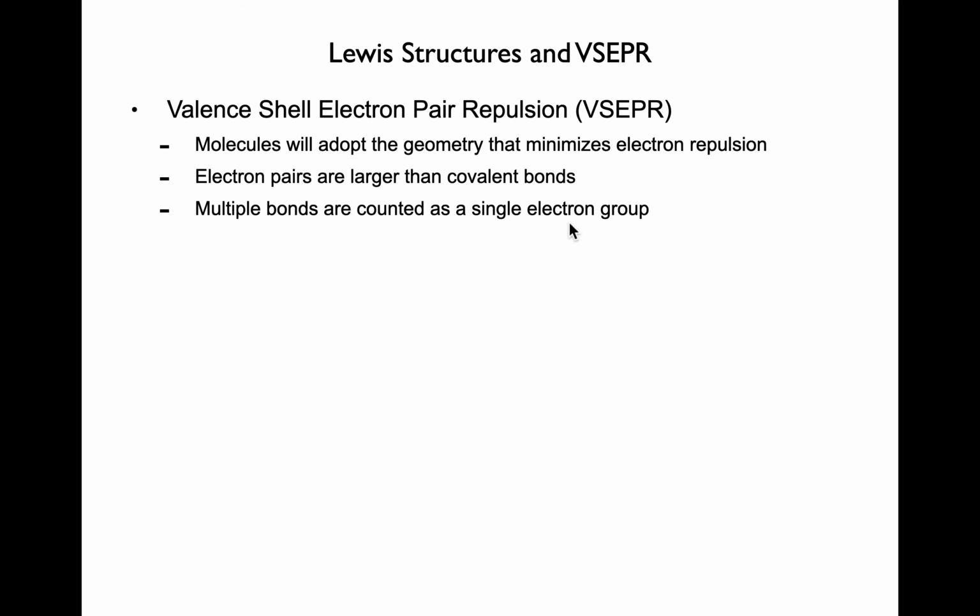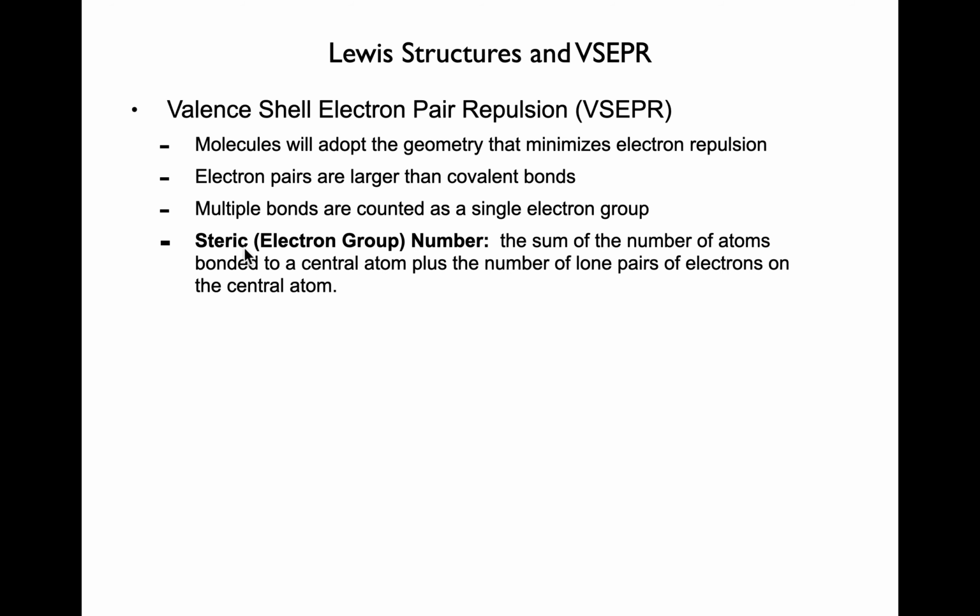So we're going to start to count how many electron groups come out from a point. A lone pair, a covalent bond, a double bond, a triple bond, each of those counts as 1 electron group. And we can then refer to what's known as the electron group number, or sometimes you'll see it referred to as the steric number.